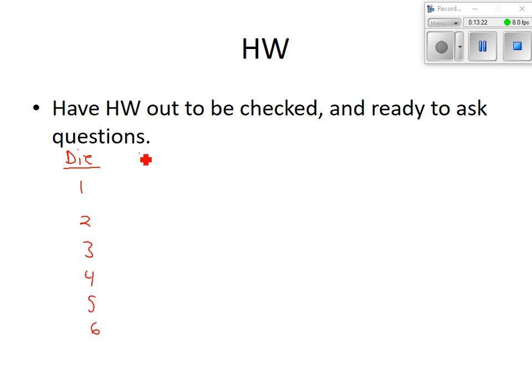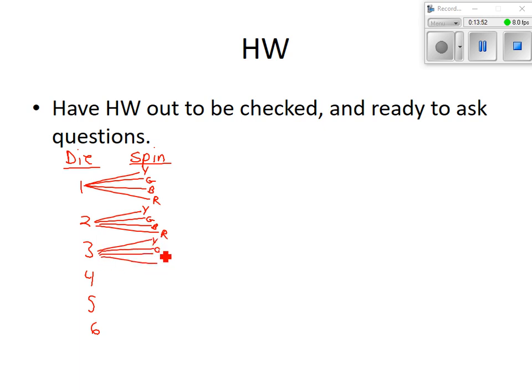Then if I spin the spinner, how many possible outcomes on the spinner? 4. Yellow, green, blue, red. So we'll go yellow, green, blue, red. If I rolled a 2, same thing: yellow, green, blue, red. Roll 3, same thing: yellow, green, blue, red. I roll 4.